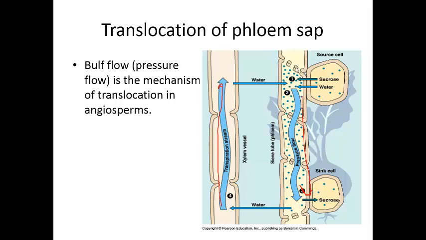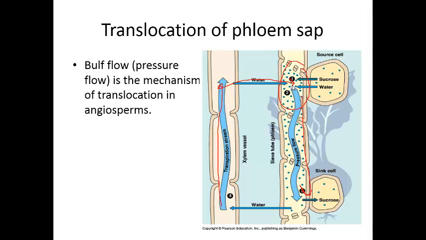Places where sugars are loaded into the phloem are going to have a high concentration of solute. Since they have lots of solute, that means they have a very low water potential. The water is going to diffuse from the xylem into the phloem in areas where the sugar is highest in concentration.